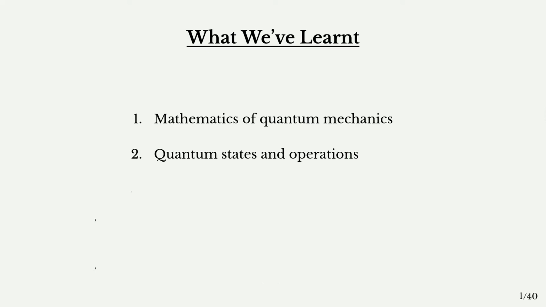We should know how to describe states of a quantum system and describe the transformation between the states in terms of operators. And most importantly, we should know that quantum mechanics is inherently probabilistic, and we should know how to calculate the probabilities of different measurement outcomes, which is just our Born rule.